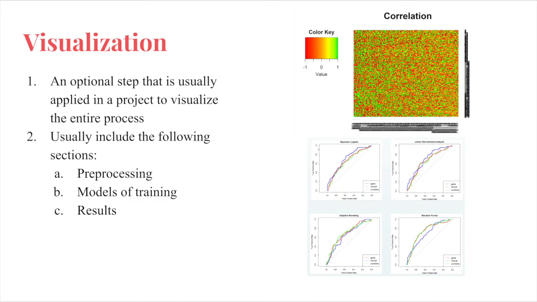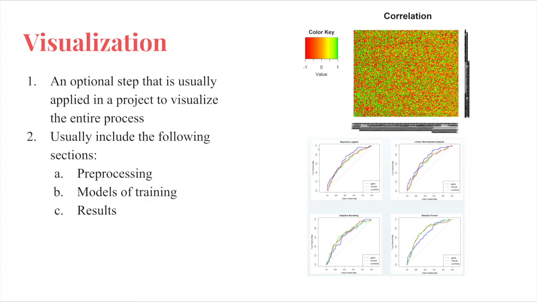And finally, there is visualization. Basically, what we're trying to visualize are the process of preparing data and the process of training the models. We usually use many different kinds of graphs, and it's totally up to you to decide which kind of figure is the most useful for your purpose.